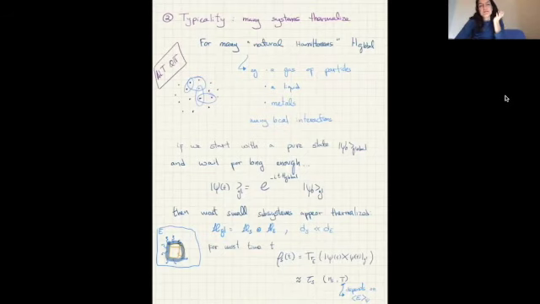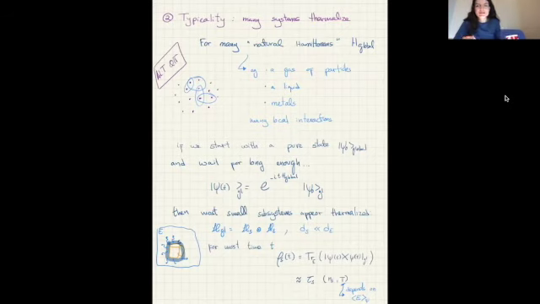Another, maybe the most important property is that it's a typical thing. Like I've been saying again and again, many systems do thermalize. My coffee, for example, is now getting a bit cold because the room is a bit cold. What does this mean in practice?